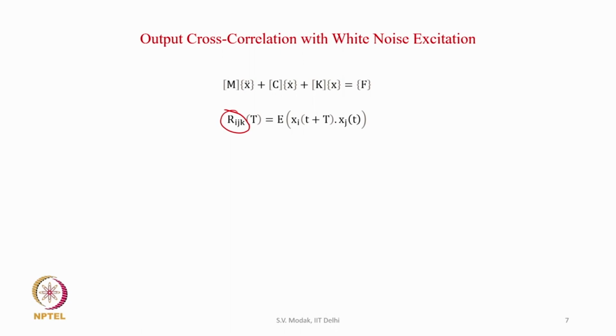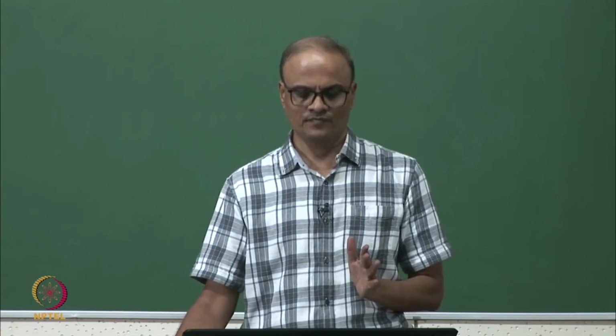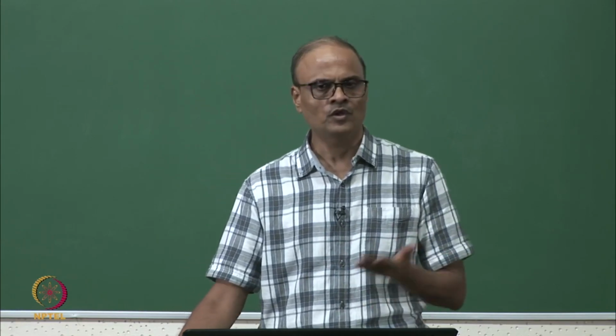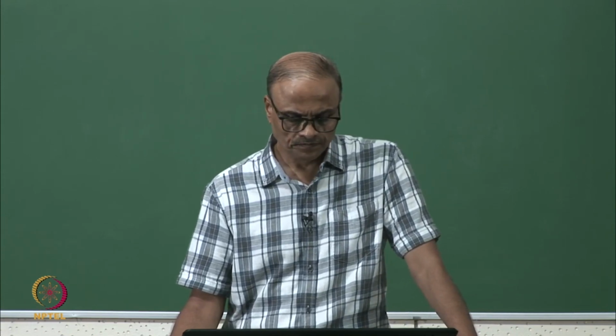The samples of these two signals are displaced by time T, and then we find the average value of the product; that is the cross correlation. We have studied in an earlier lecture what cross correlation is and how it is determined.